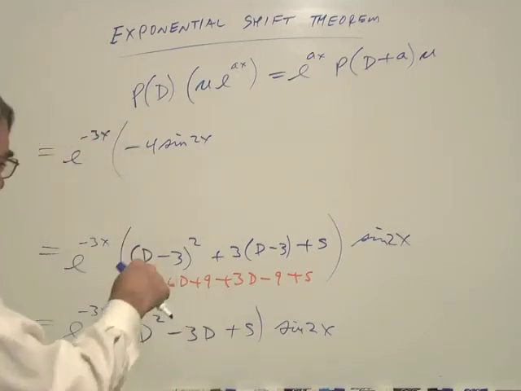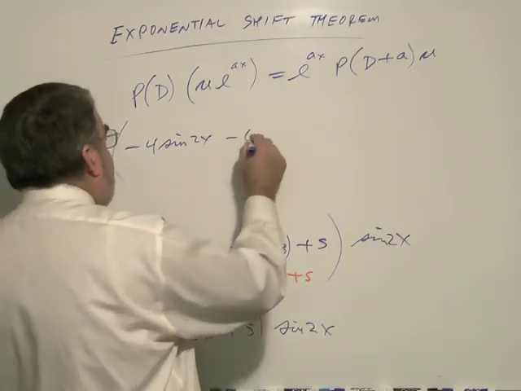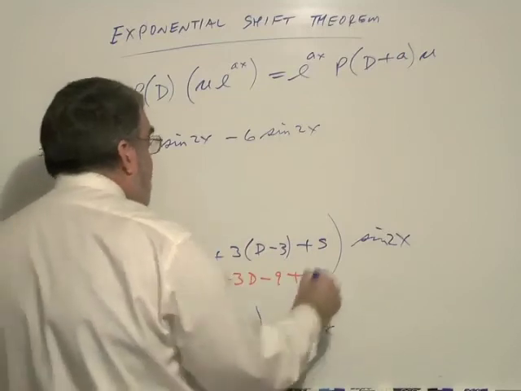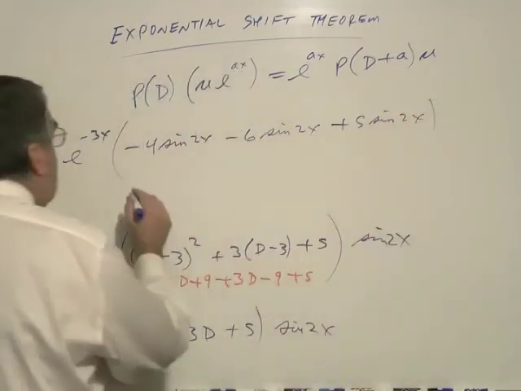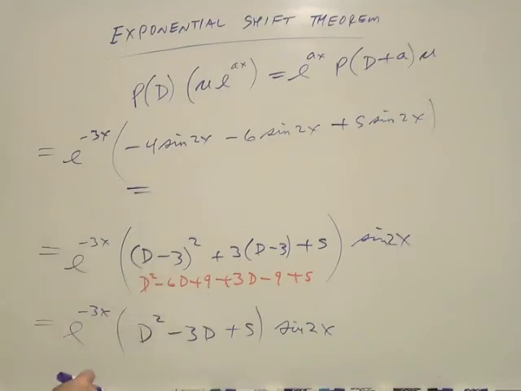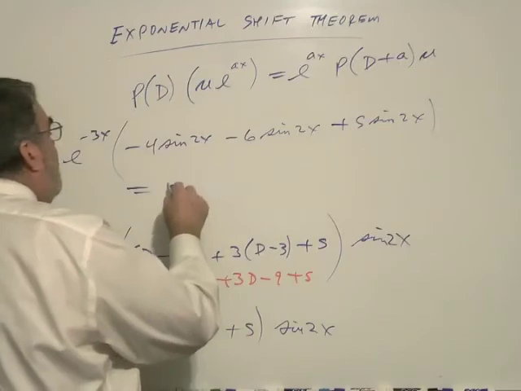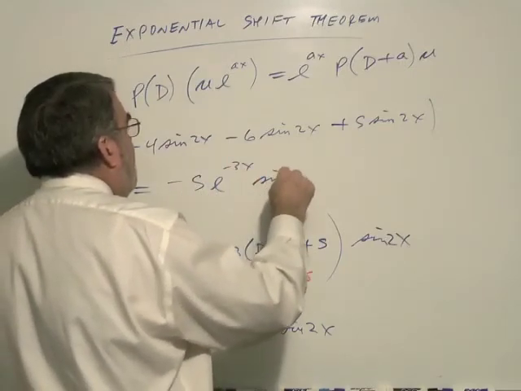The first derivative is 2 sine 2x times negative 3. That's minus 6 sine 2x. And then plus 5 times sine 2x. So we would end up with negative 10 plus 5 is negative 5.